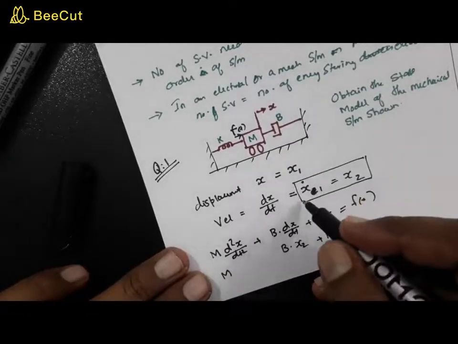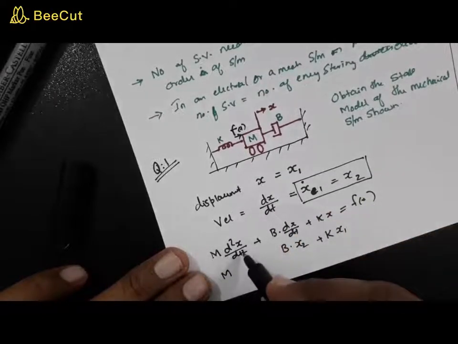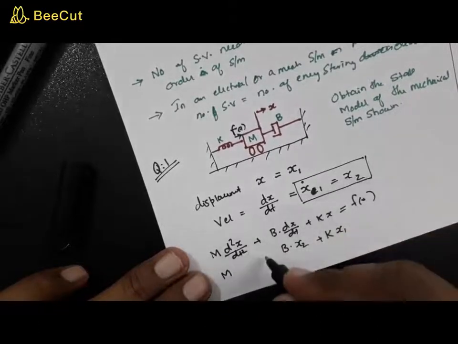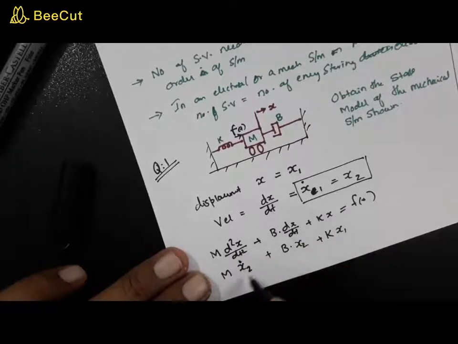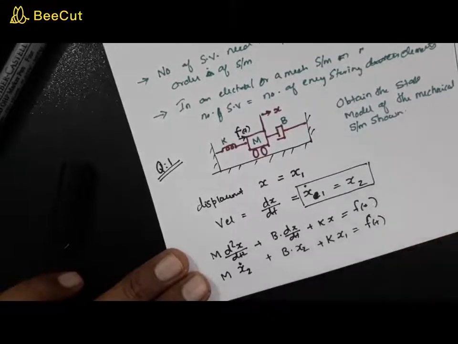When you take the derivative again, d square x by dt square is the acceleration, which is x2 dot. So this is plus m into x2 dot, equated to f of t. From this you can evaluate x2 dot.